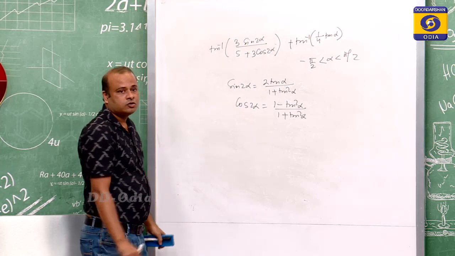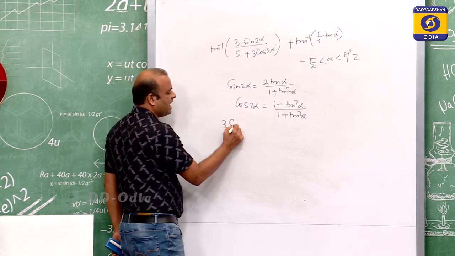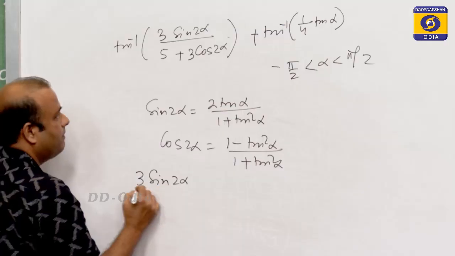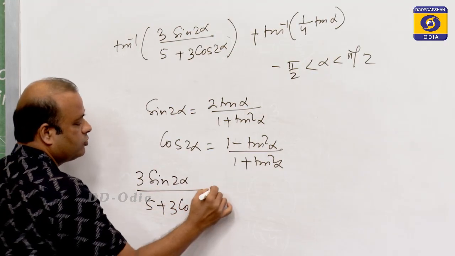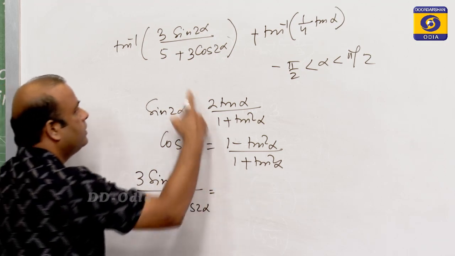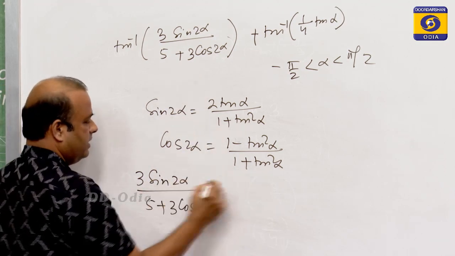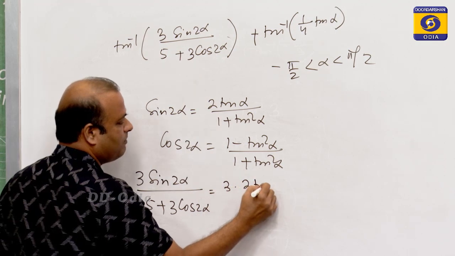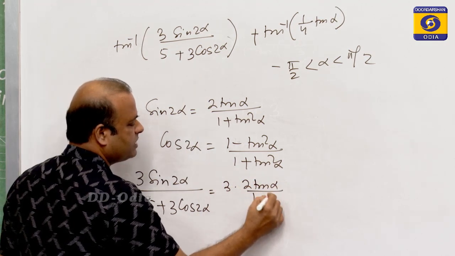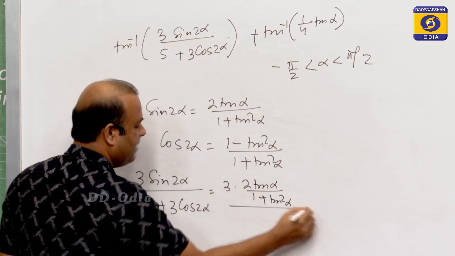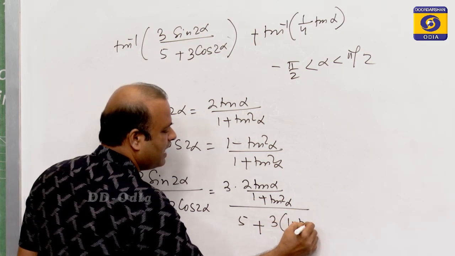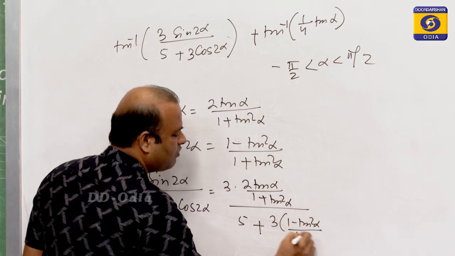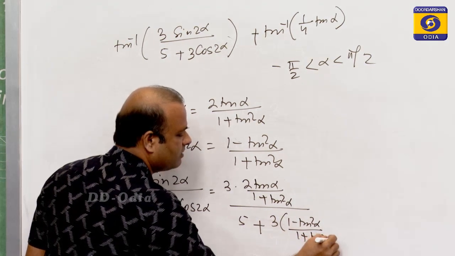What is the value of 3 sin 2 alpha by 5 plus 3 cos 2 alpha? It equals 3 into 2 tan alpha by 1 plus tan square alpha, divided by 5 plus 3 into 1 minus tan square alpha by 1 plus tan square alpha.